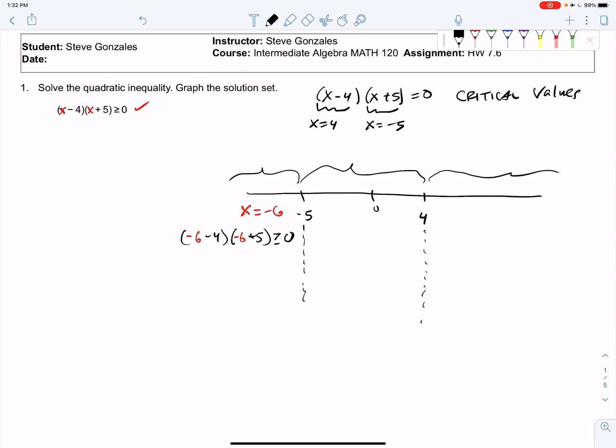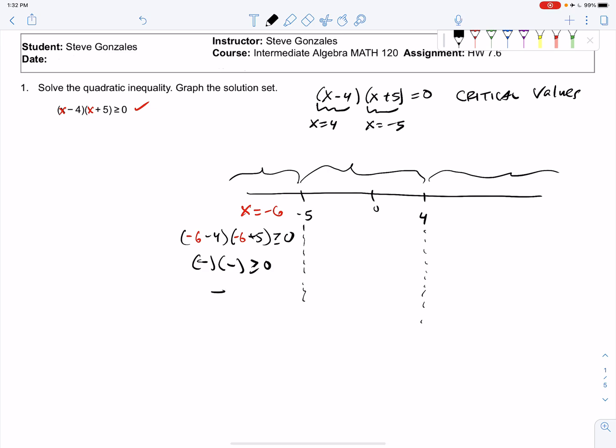But since you're comparing it to 0, you really only need to look at the sign. So I wouldn't go through as much trouble. I would just say, okay, negative 6 minus 4, well, that's negative. And negative 6 plus 5, that's negative. And so when you have them written as factors and comparing it to 0, this works really quick.